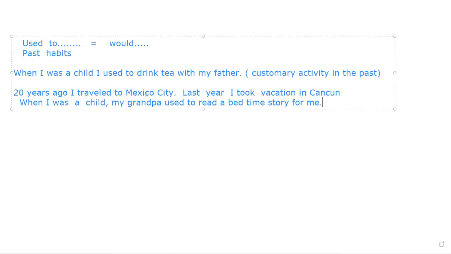Grammatically, this example is correct, but if my grandpa is still alive and in good condition, then this sentence is not likely to be the appropriate one, because it may happen that my grandpa one day says, you know what, come here, and I will tell you a bedtime story before you go to bed. But grandpa, I am 20 years old. Who cares? Just come and sit and listen to me. So in that case, the sentence will not be applicable.